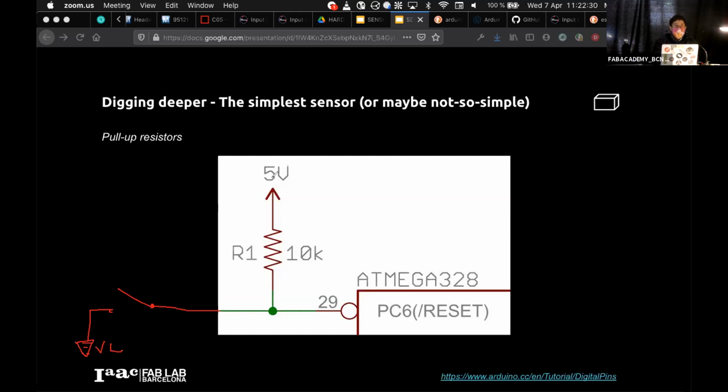In this particular case, anything around 5K, 10K is going to be okay. Of course, if you put a lower resistor value, more current is going to flow, and there's going to be some consumption, because you're dissipating a little bit of heat. But the higher the value of the resistor, the lower the current is going to be.